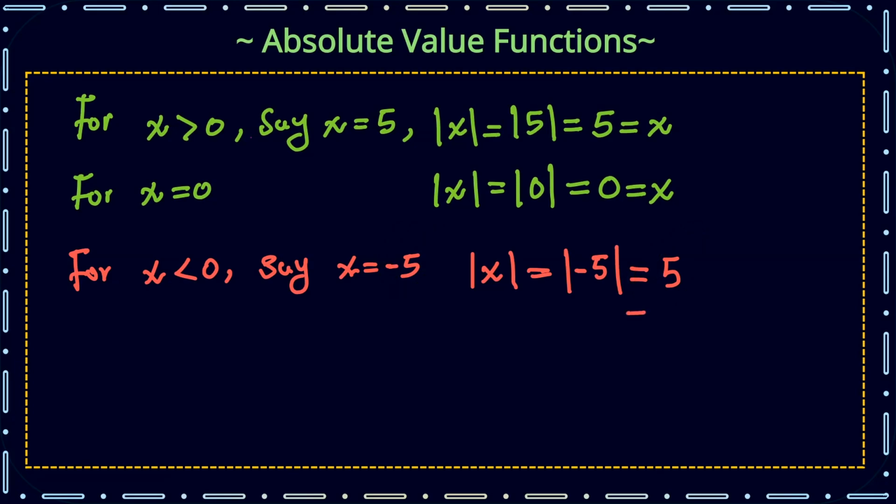We really have the negative of negative 5 back, which is the negative of x. If I take a negative number, absolute value of that negative number is the negative of the negative number to guarantee that we end up with a positive value.